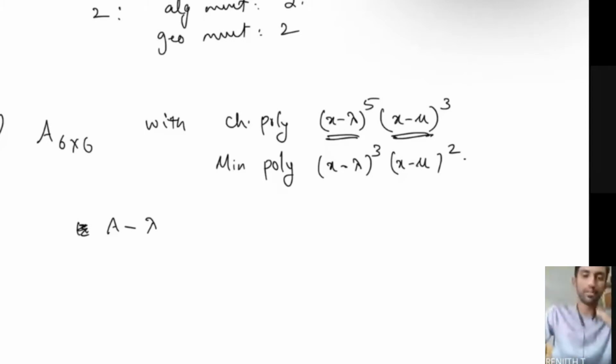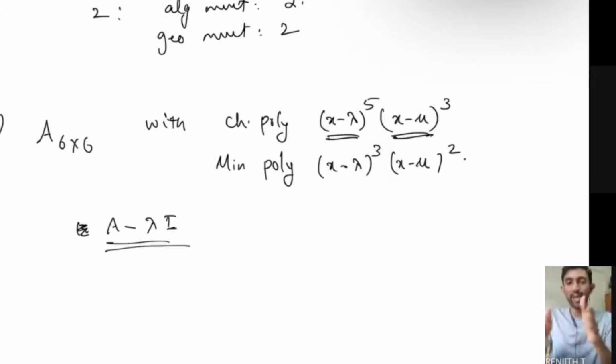So to get the Jordan block, I am worried only about 2 segments. Okay, so A minus lambda I I am looking about. So we know that lambda is coming 5 times.